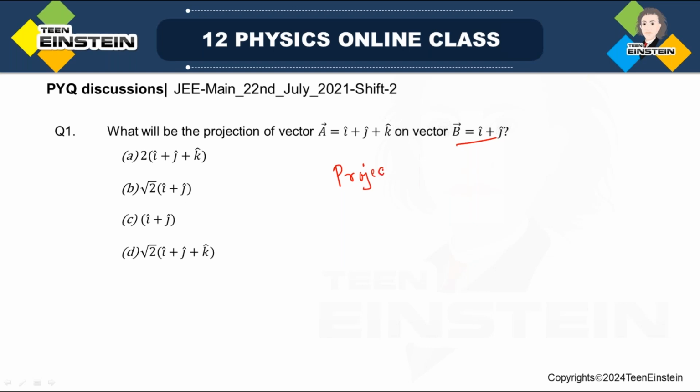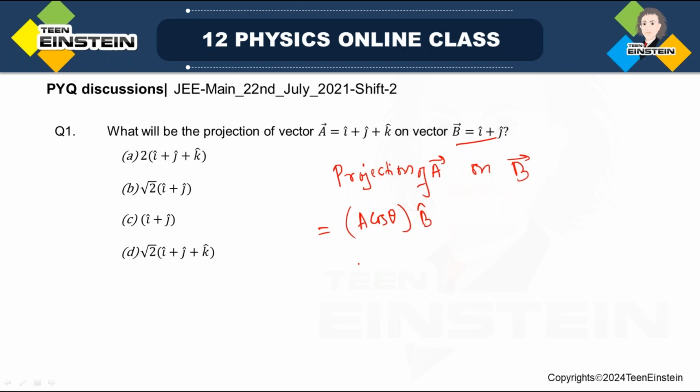So this will be projection of A on B vector will be A cos of theta B cap, okay? A cos of theta B cap. So this is the one.